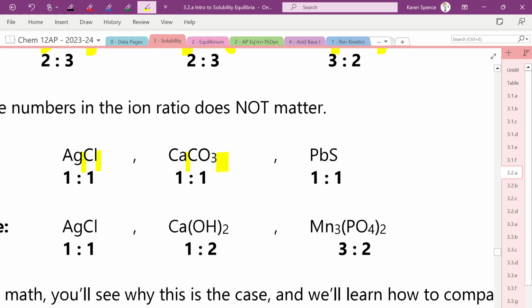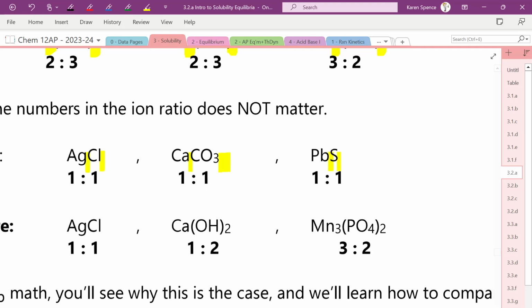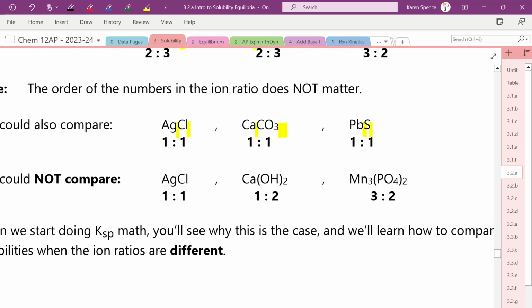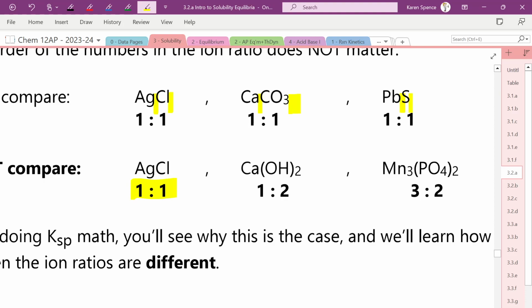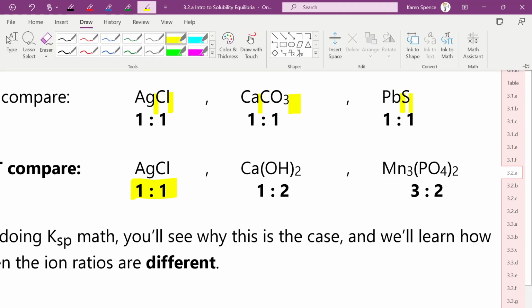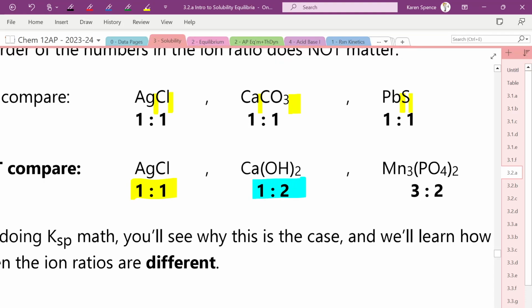Don't forget that the 3 in CO3 does not refer to the number of carbonates. And 1-to-1, it doesn't matter the charge of the ions, it's still 1-to-1. What you could not compare is, say, AgCl, where you have 1-to-1, and Ca(OH)2, where you have 1-to-2, and Mn3(PO4)2, where you have 3-to-2, because X will be different depending on the formula, yes?